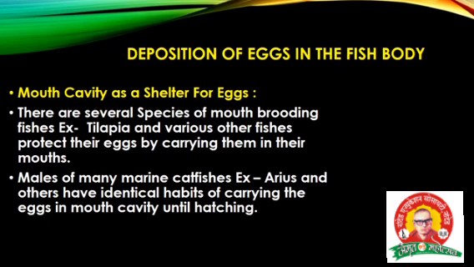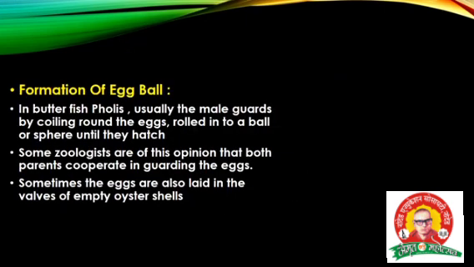Various other fishes protect their eggs by carrying them in their mouth. This is also one type of parental care. Males of many marine catfishes, for example Arius and others, have identical habits of carrying the eggs in the mouth cavity until hatching. Up to the hatching, they give parental care.